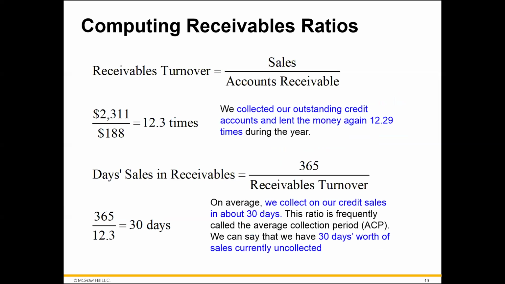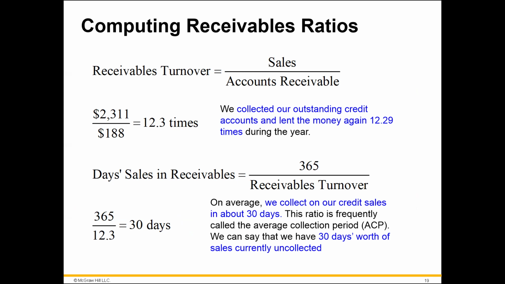And let's move on to the receivable ratios. It's the same manner; we can calculate it the same way, like inventory. So receivable turnover is defined as sales divided by accounts receivable. For our example of the preferred corporation, it is 12.3 times.